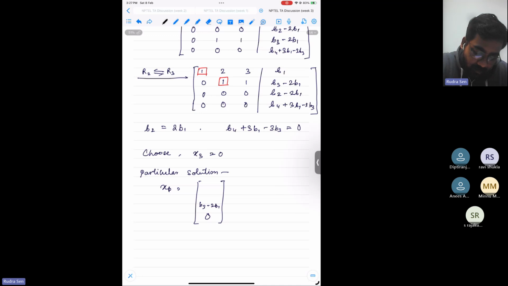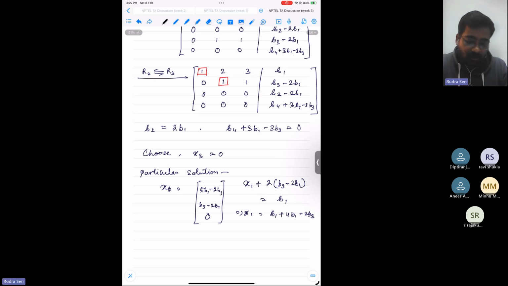Put that value in X1 plus 2 times b3 minus 2b1, which should be equal to b1 because X3 is 0 over here. So X1 would be b1 plus 4b1 minus 2b3, so it is 5b1 minus 2b3. So this is my particular solution. Okay.